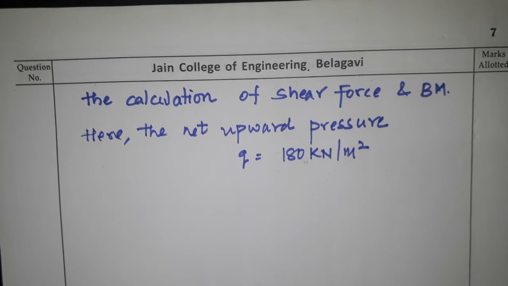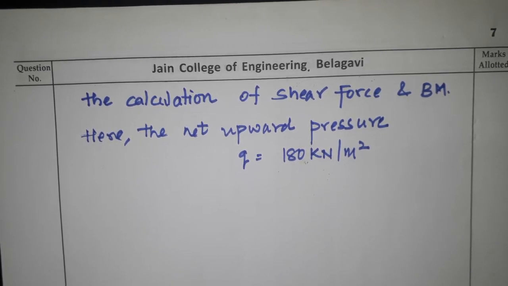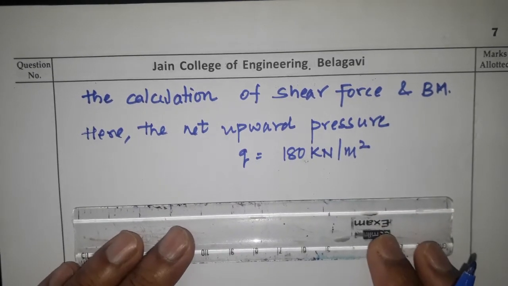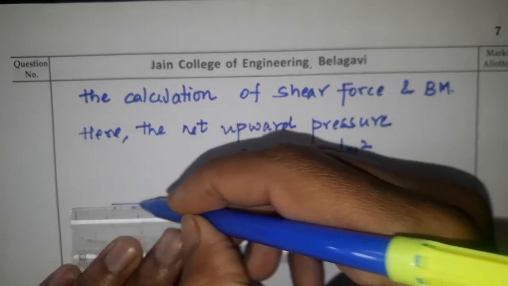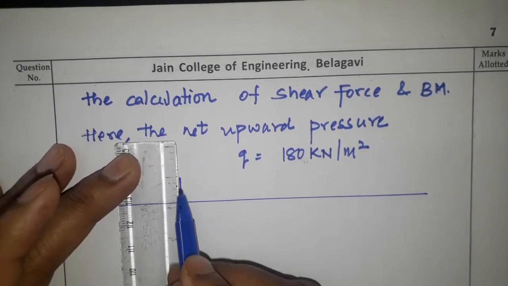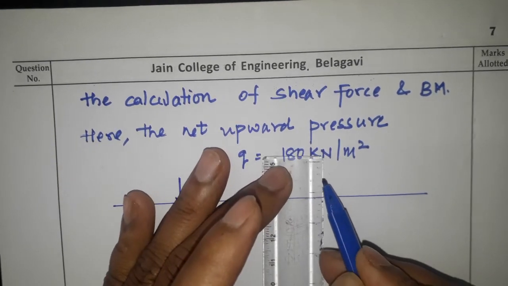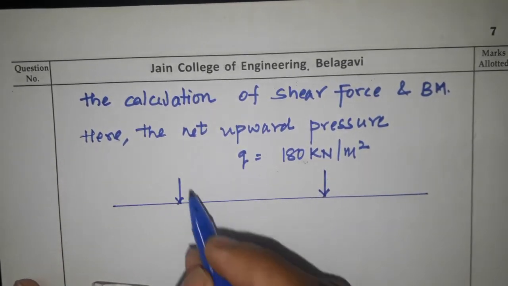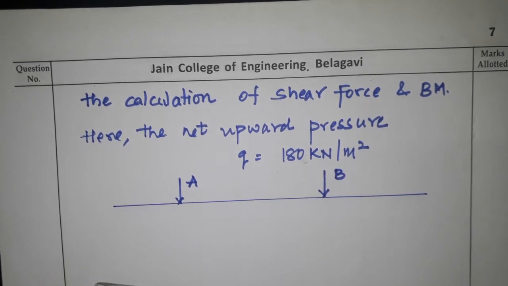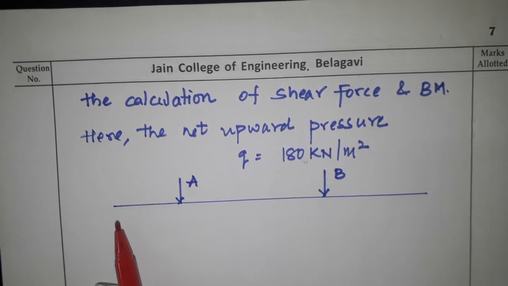Okay, so I'll draw the loading diagram here, a single line diagram. We have column A and column B, and below that will be the loading diagram.